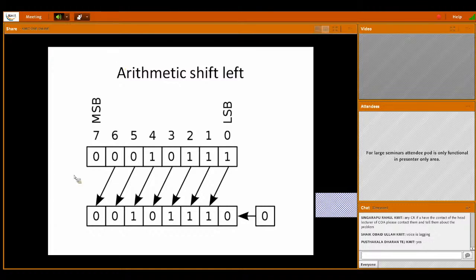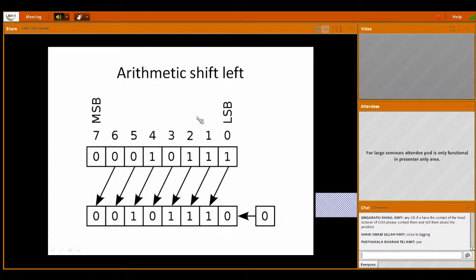Now, when you multiply or divide any number, the sign is not going to be changed. If I multiply x with 2, you will get plus 2x. If you divide x by 2, you will get a positive value only. That means when you perform multiplication or division, the sign is not going to change. In the same way, here multiplication means arithmetic shift left, and division means arithmetic shift right.